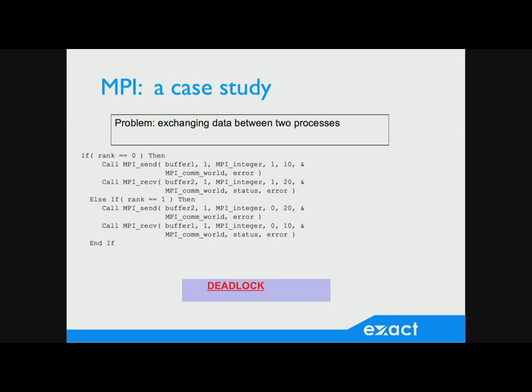I'm sending to processor 1, and I'm receiving from processor 1. The same is done on the other process. So I have a process that sends a message and then waits to receive another message. Here the same. And what is happening?